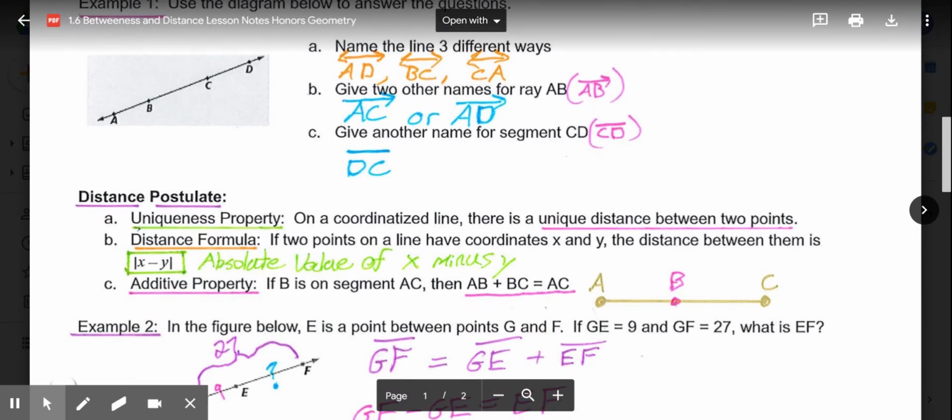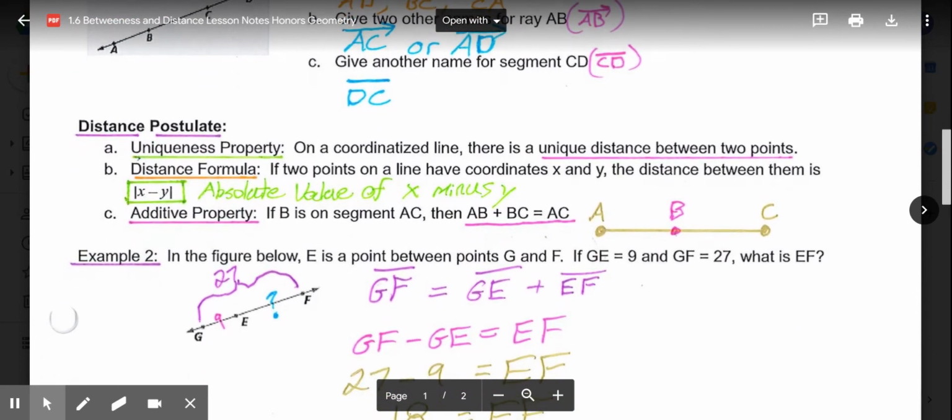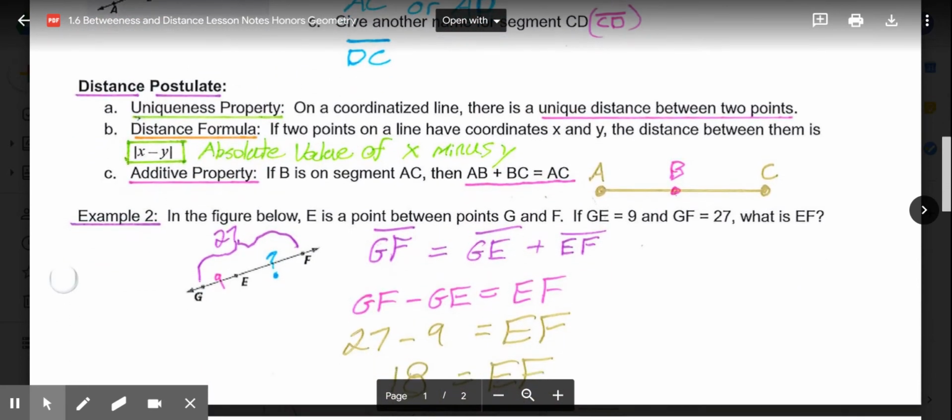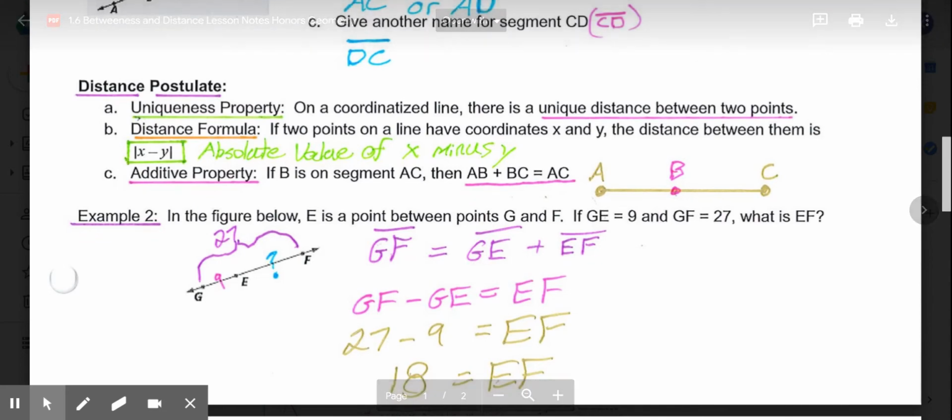And then we're going back to those postulates and theorems that we talked about, and we're going to look at a distance postulate. So the distance postulate is broken into 3 parts. The first part is the uniqueness property. And the uniqueness property says on a coordinatized line, a number line, there is a unique distance between 2 points.